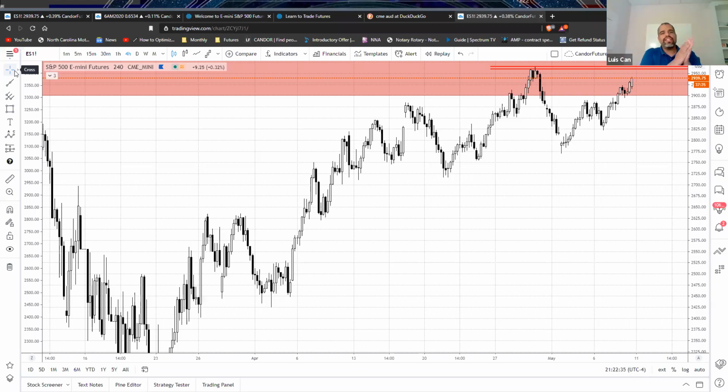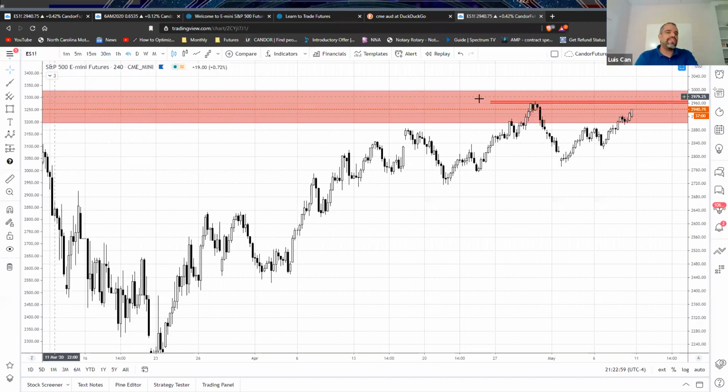When you are downtrending, it's lower highs and lower lows. And then when you are in a range, those are the three types of market structure: uptrend, downtrend, and a range. And it will look something like this.